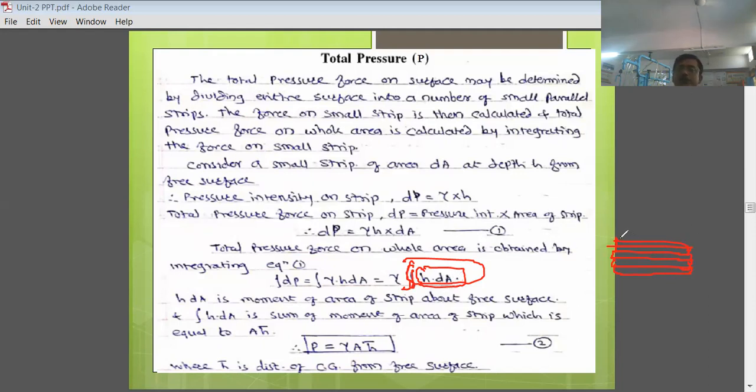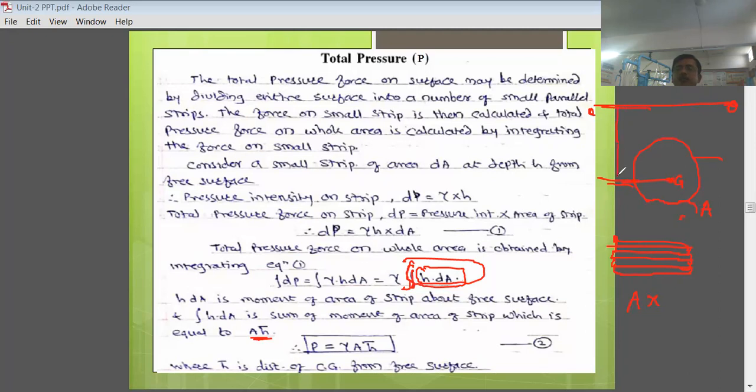Now this moment of area of the entire surface can also be represented differently. Suppose this is the center of gravity Z, and this is the axis, the free liquid surface OO, and we are finding the moment of area of this entire surface about this axis. Then it is the product of the area of the entire surface, the capital A, multiplied by the perpendicular distance between the center of gravity and the axis.